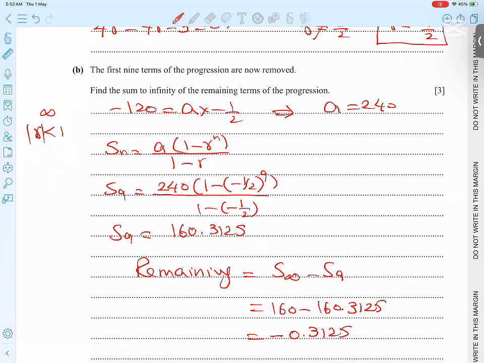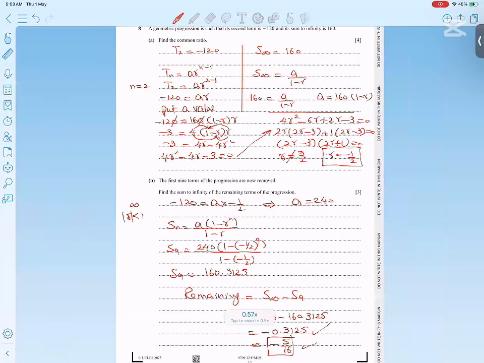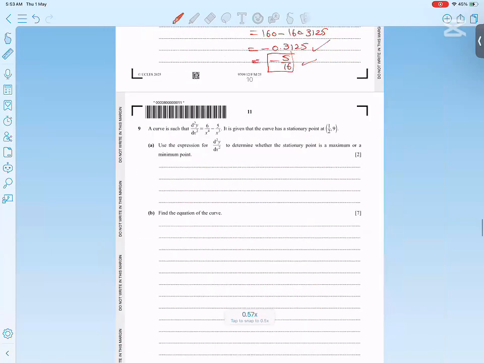And if I check it in fraction form, it gives me negative 5 over 16. So both decimal form and fraction form are correct answers. I hope the concept of the question is completely clear.